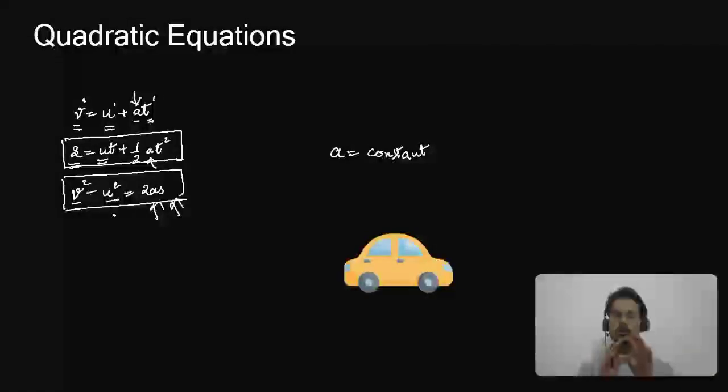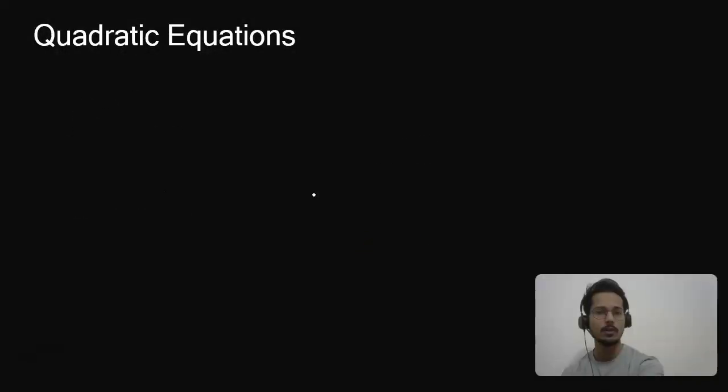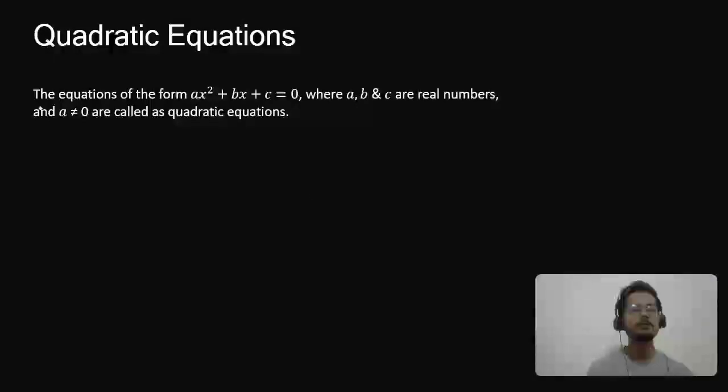And in this chapter, we will keep the things simple. We will learn about quadratic equations in one variable, not in two variables. And we will also have polynomial equations only. Okay, so let me give you a definition of quadratic equations. Here's the definition.